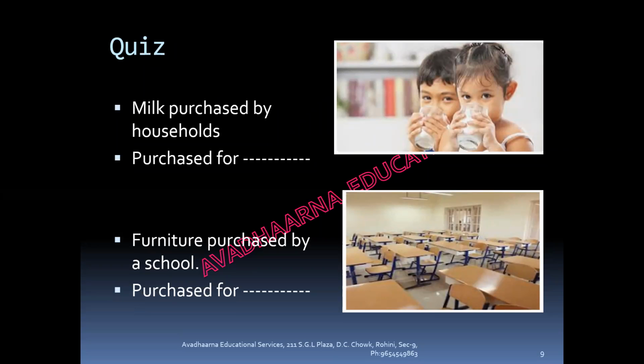Now, milk purchased by a household is a final good as it is purchased for final consumption. Then, furniture purchased by a school is also a final good because it is purchased for investment.